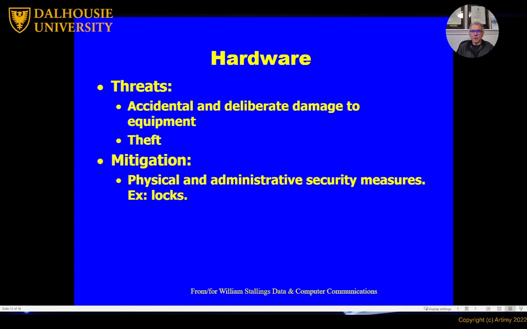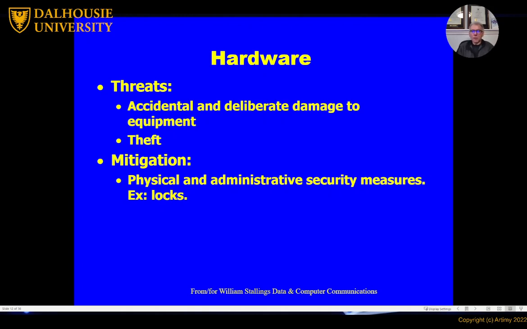If a wireless access point is installed outside to provide access to users in a sports stadium, and somebody steals that access point, that means some users are denied access to the network.